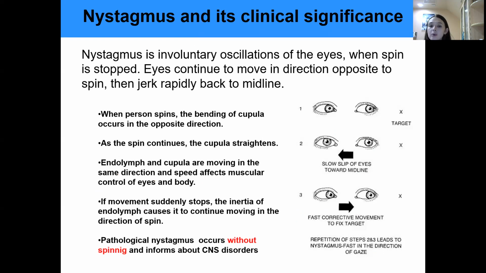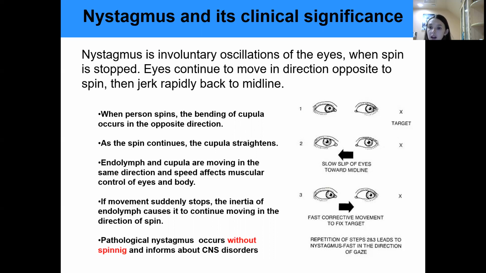Endolymph and cupula move in the same direction as the spin, and this affects muscular control of the eye and the body. If movement suddenly stops, the inertia of the endolymph causes it to continue moving, but in the direction of the spin. Pathological nystagmus occurs without spinning, and it informs about central nervous system disorders.